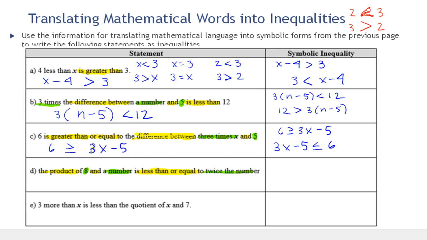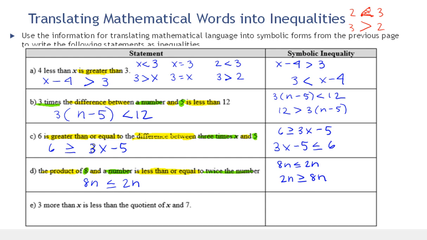Okay. So the product of 8 and a number is 8 times n, or 8n, is less than or equal to twice the number. Okay. So 8n less than or equal to 2n in symbolic form. And if we want to rewrite this as greater than, it would be 2n is greater than or equal to 8n.